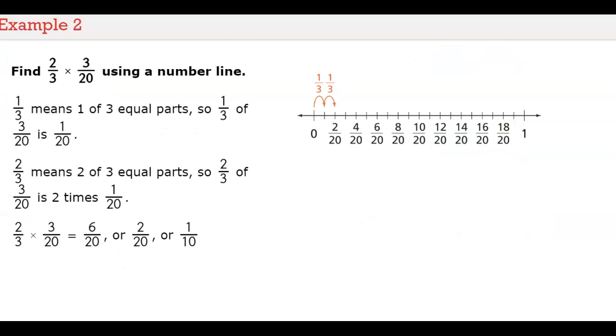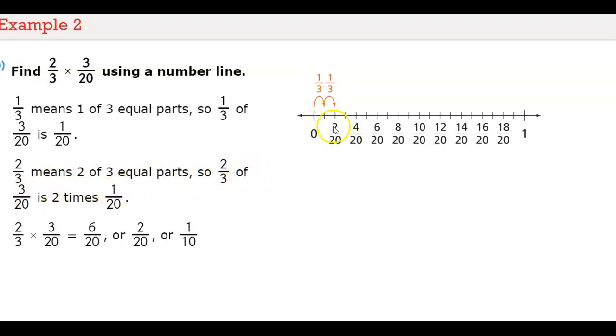Find 2/3 times 3/20 using a number line. 1/3 means 1 of 3 equal parts, so 1/3 of 3 over 20 is 1 over 20. That would be this first tick mark. 2/3 means 2 of 3 equal parts, so 2/3 of 3 over 20 is 2 over 20.